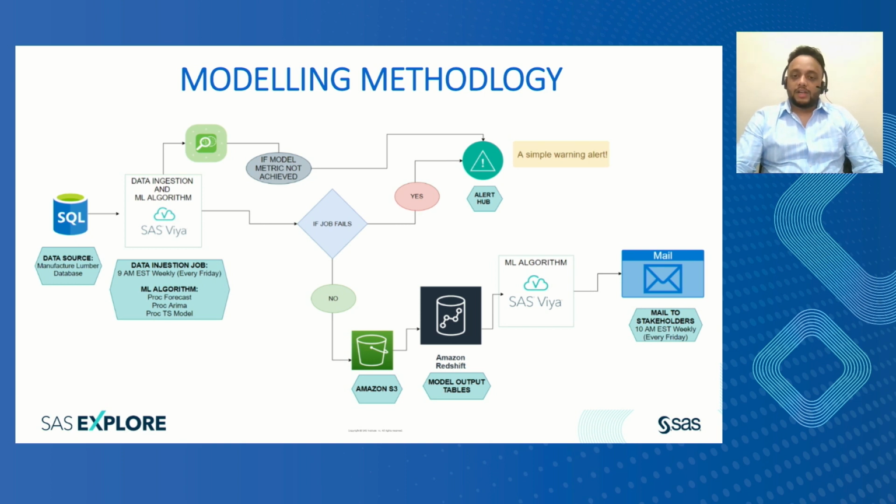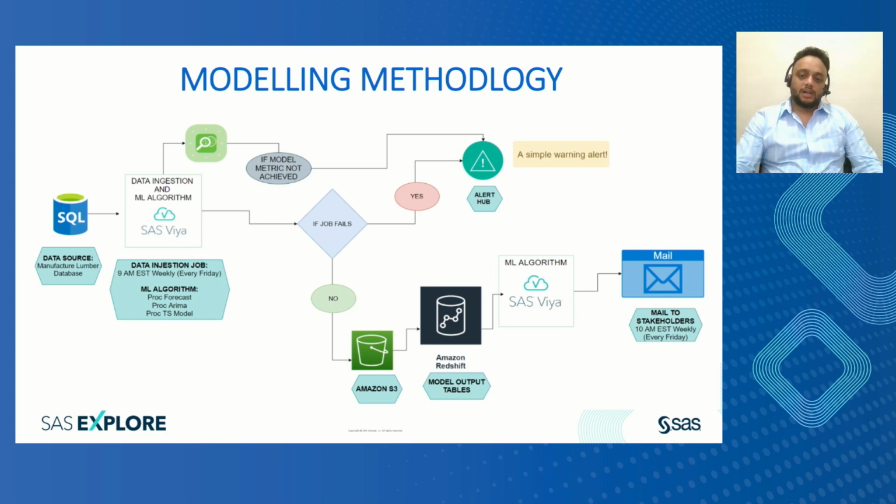From there, it sends an email to each stakeholder who is responsible and who is looking for this particular output. All this process happens in the matter of 4 to 5 minutes max. The mail is sent at around 10 a.m. EST each Friday.